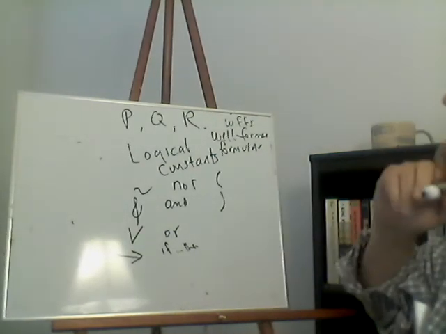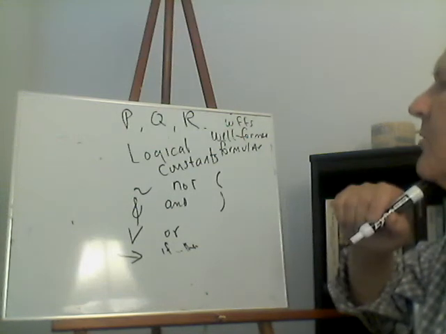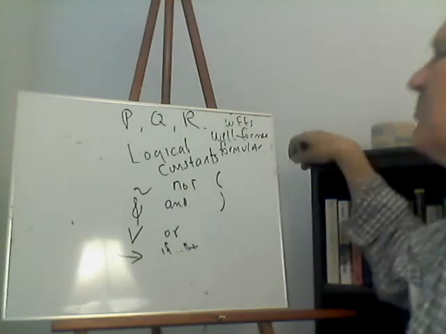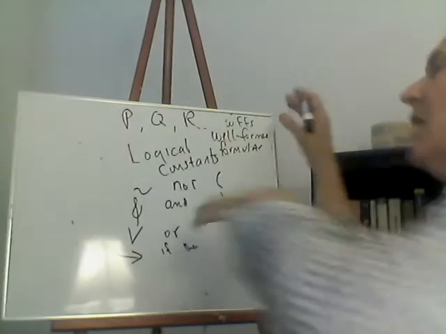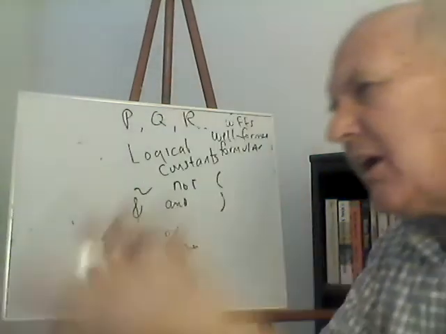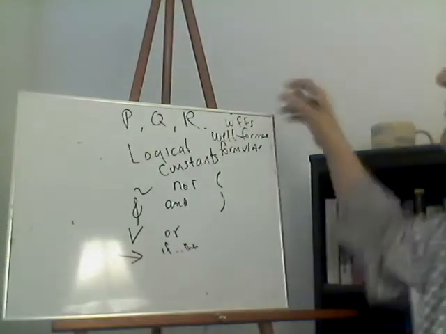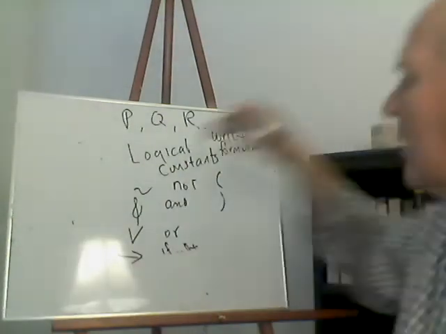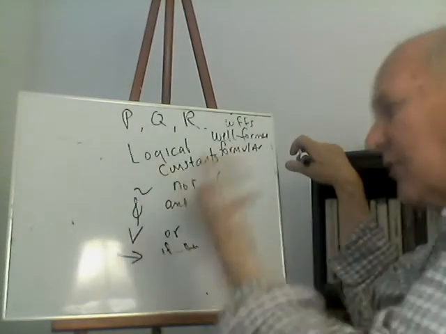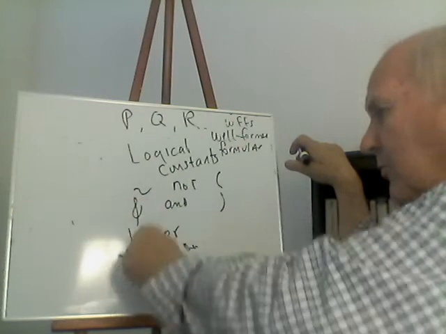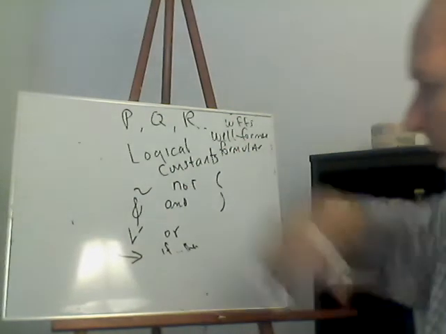So basically, to learn the language of propositional logic is actually very simple. We're going to use P, Q, and R. And then we're going to create from these three letters longer formulas, or WFFs, or longer sentences. And we're going to do so by using these logical constants, 1, 2, 3, 4, and the two parentheses. And I'll put the other one down.